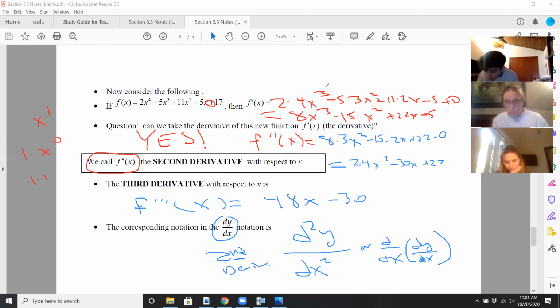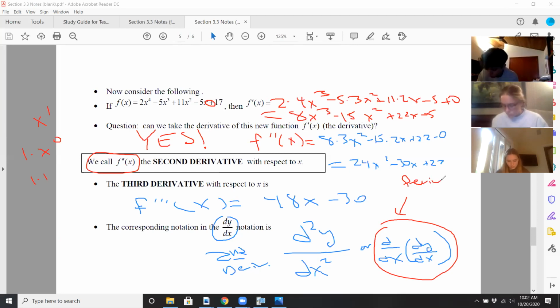You can write d2y over dx squared, or you can write d dx, which means the derivative of the derivative. So this right here, just so you know, means the derivative of the derivative, because that's what you're doing, right? So anyway, that's what's happening there. That's just a notation thing.